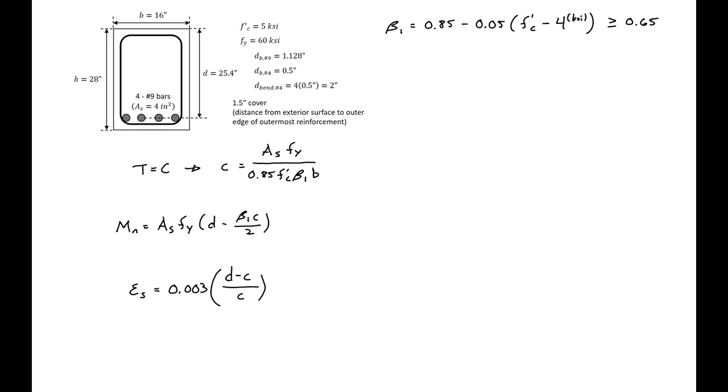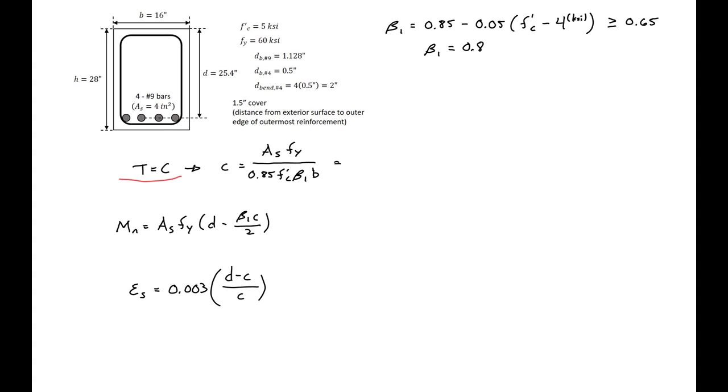We will next check our actual nominal moment capacity. First we'll need our beta 1, which we found before is 0.8. Then we can use equilibrium to find our compression block depth.